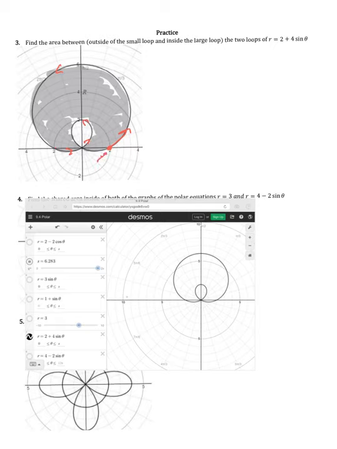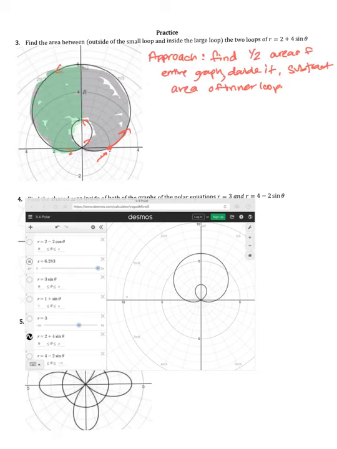So it's likely that I'm going to want to use symmetry. I'm thinking maybe I can find the start and stop area over here to find this area, subtract out the piece of that loop that's there, and then double that area to give me the area that I'm looking for.